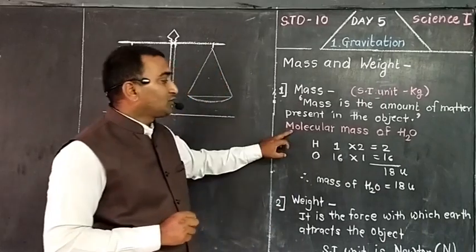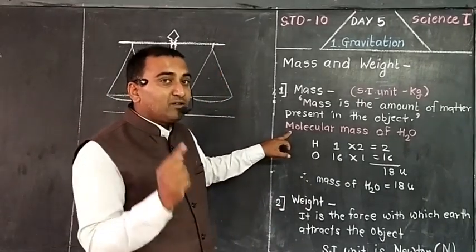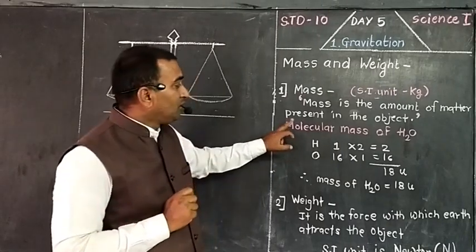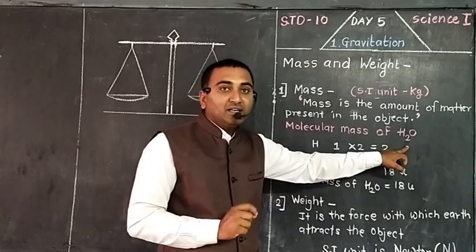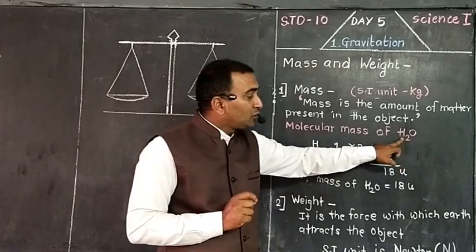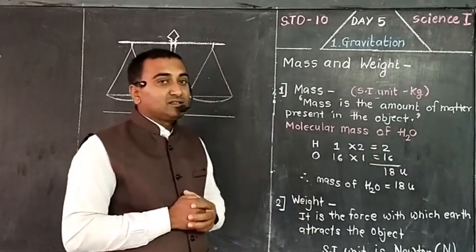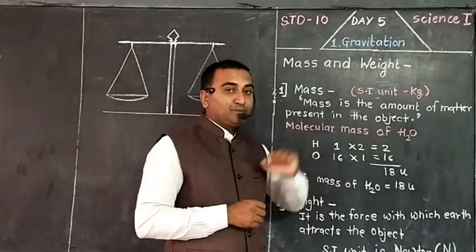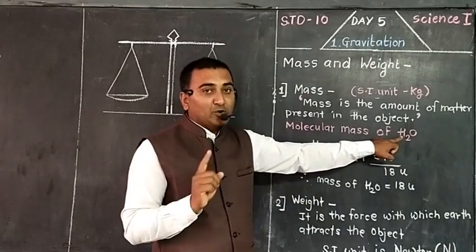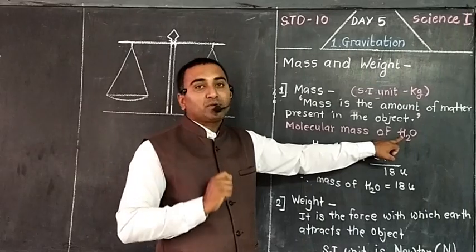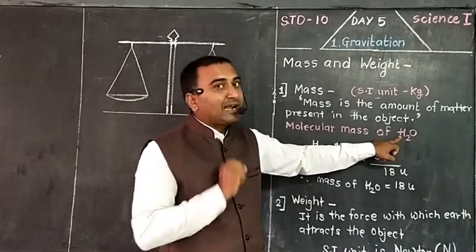See, we are going to discuss the mass of one molecule of water. Molecular mass of water, H2O. This water is made up of 2 atoms of hydrogen and 1 atom of oxygen, so we are representing it as H2O. What is the atomic mass of hydrogen? Only one subatomic particle is there, so the atomic mass of hydrogen is 1 Dalton.